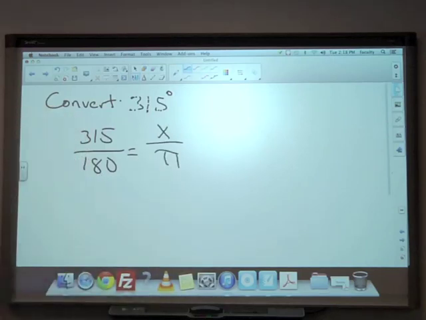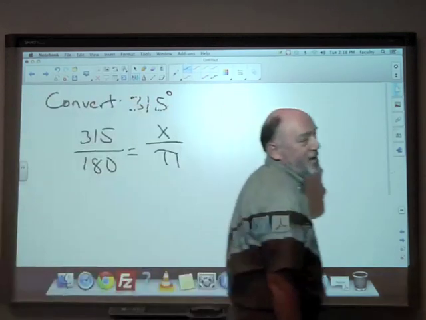So that's your proportion. Again, cross multiply and divide. That's how you solve a proportion.